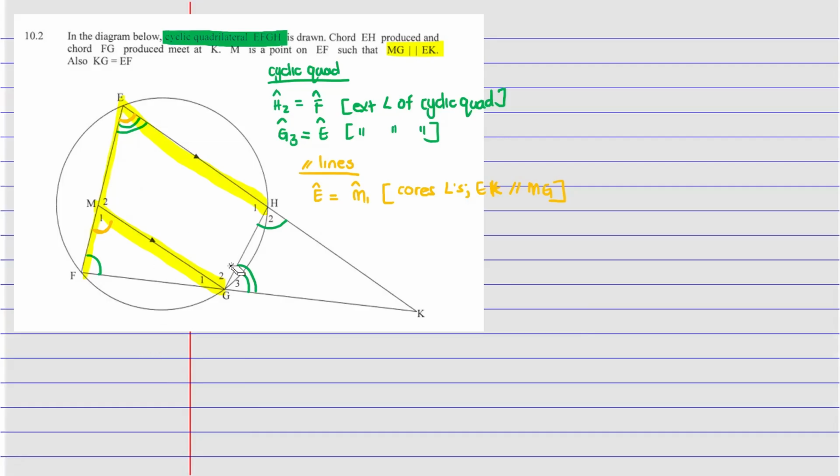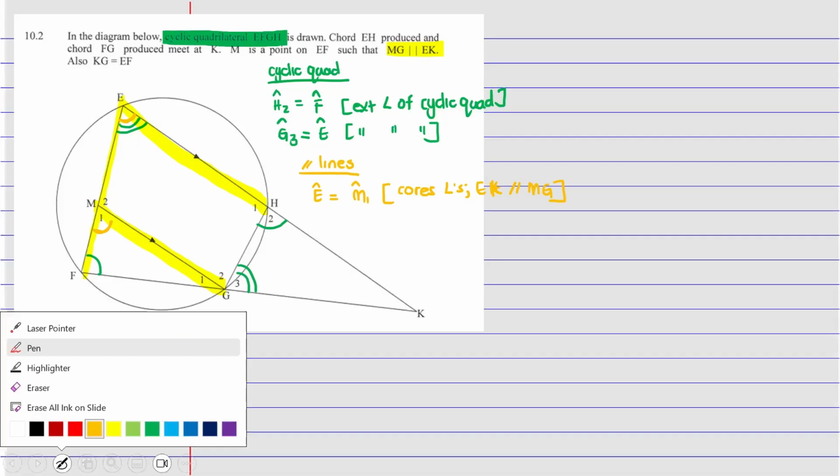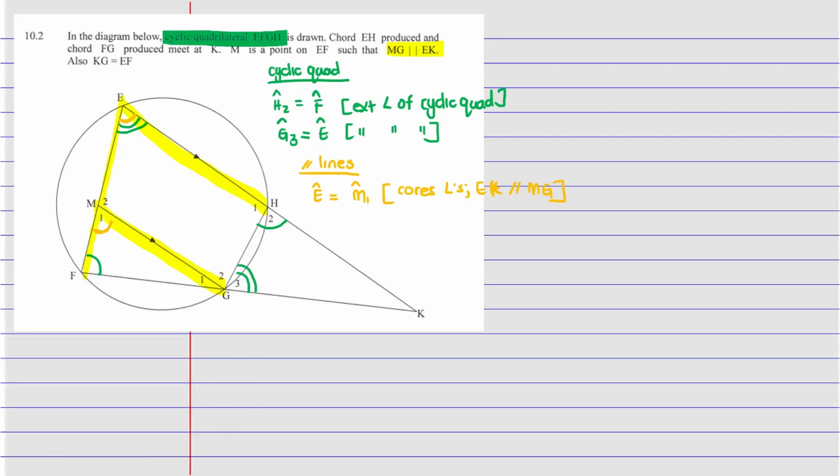No, unless the question asks, or unless in that question you can put the relationships together. Remember with co-interior angles, in this case, say G2, it basically says that angle G2 and angle M2 plus angle E is equal to 180 degrees.